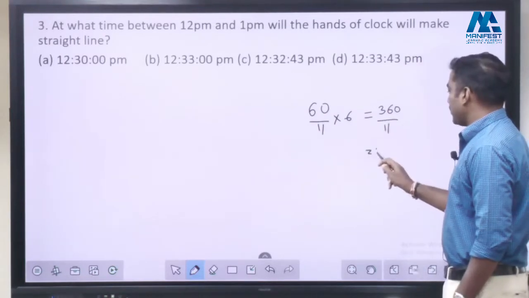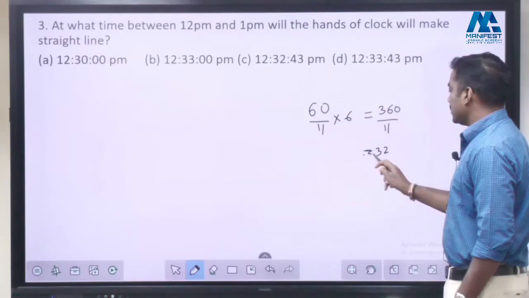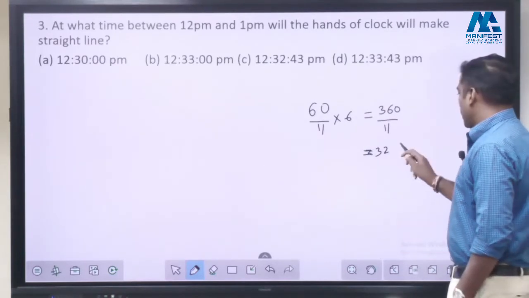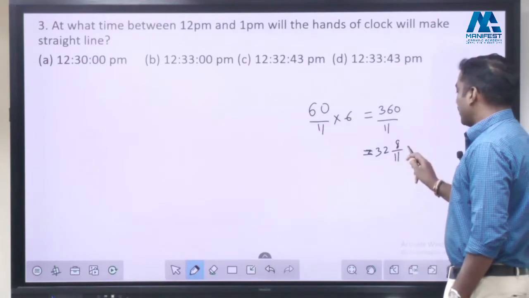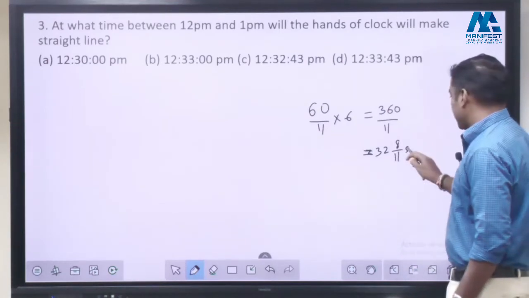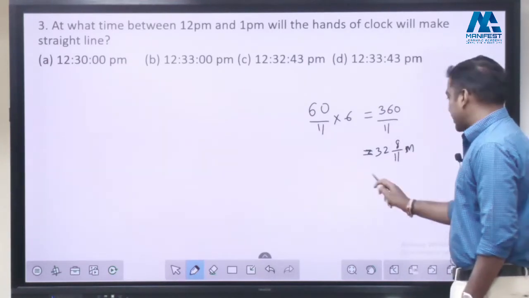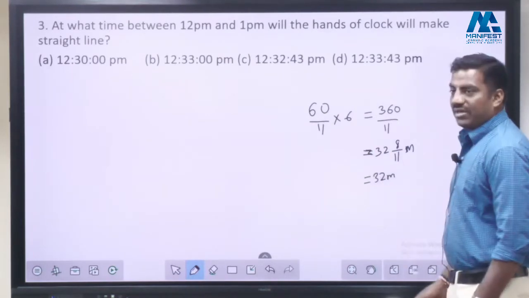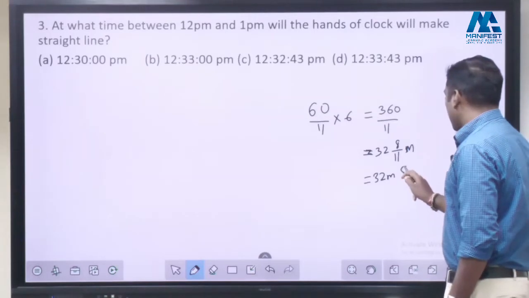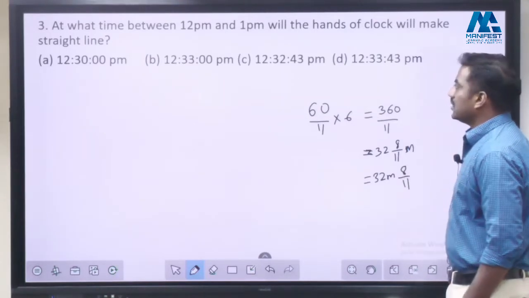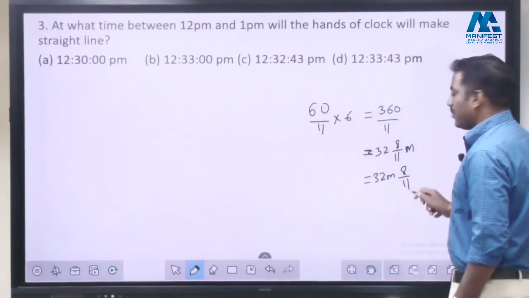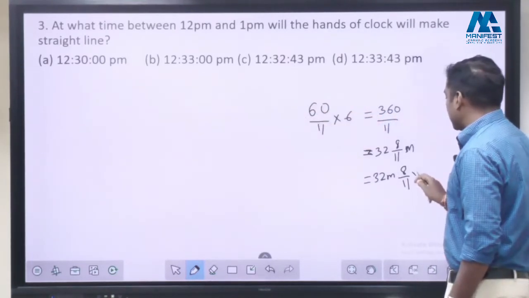11 threes are 33, 11 twos are 22. Then we are left with 8 by 11 minutes. So 32 minutes and 8 by 11 minutes. You can directly tick here, no problem. So 8 by 11, convert it into seconds.